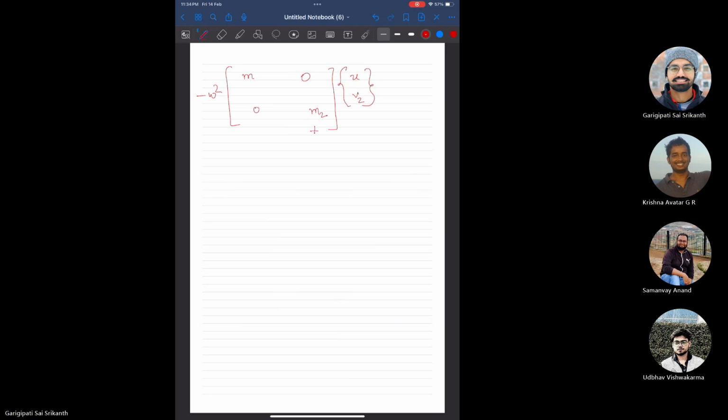Now plus, let's have a look at the stiffness matrix.